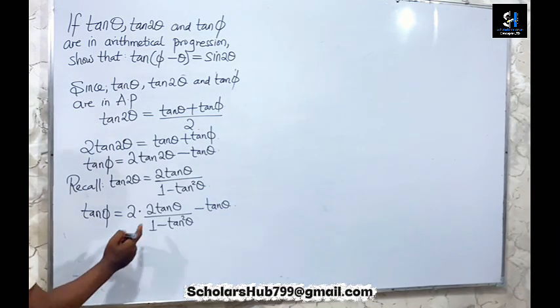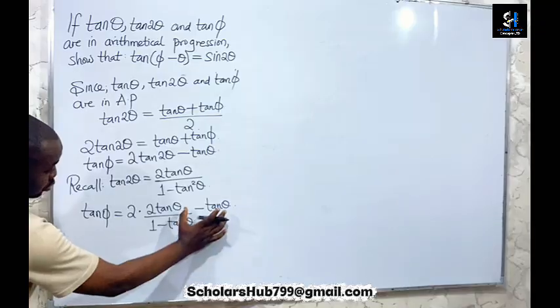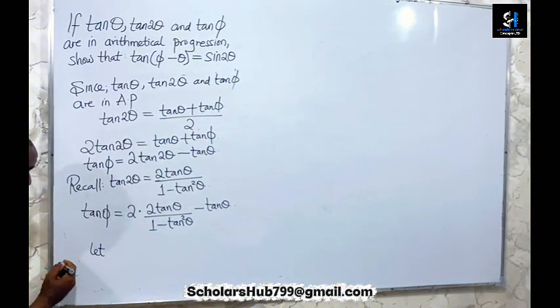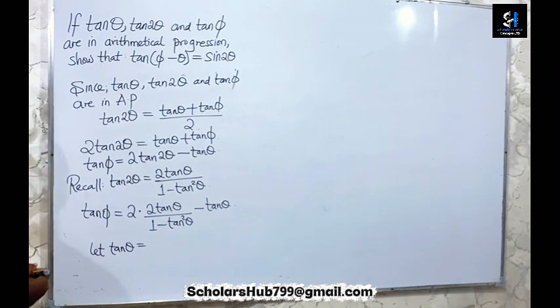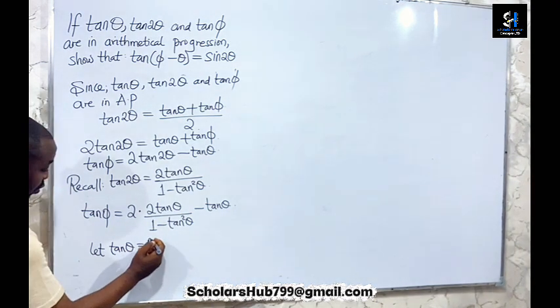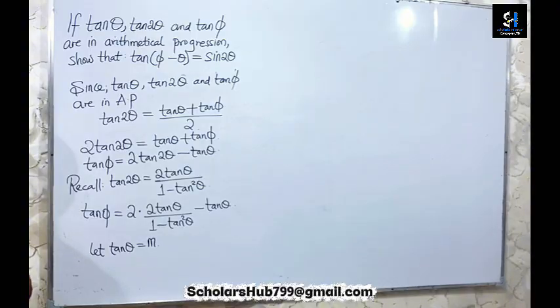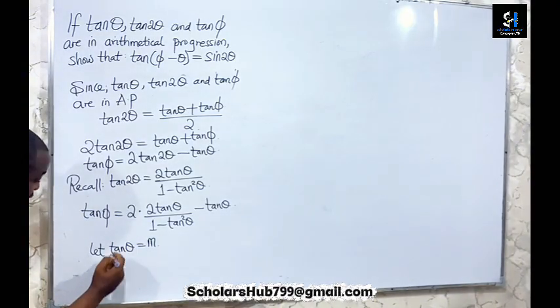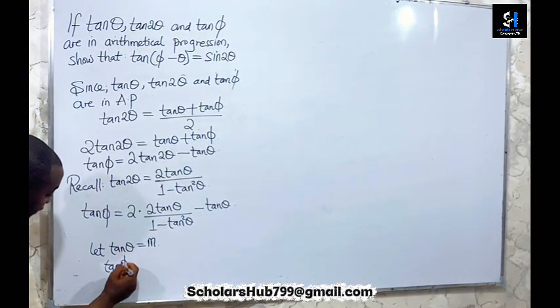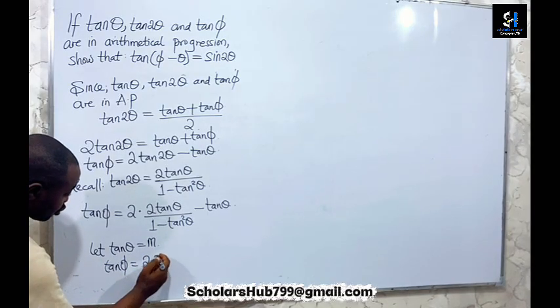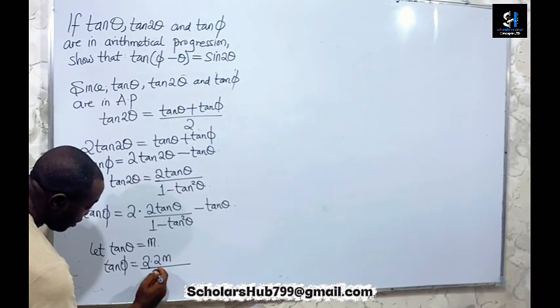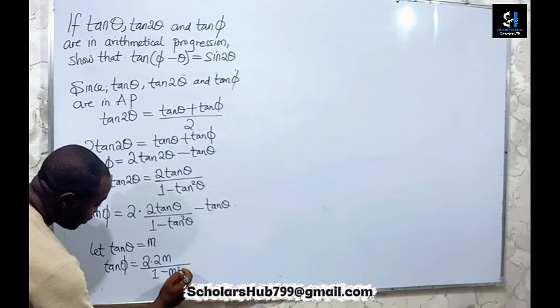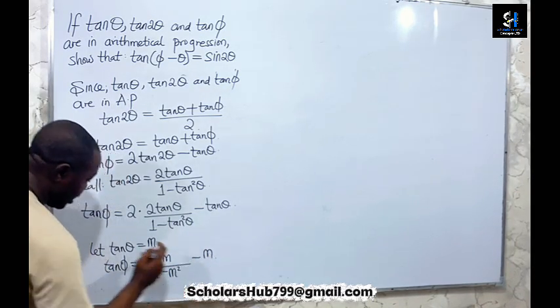Now let me represent tan theta with the letter m. So tan phi equals 2 multiplied by 2m divided by 1 minus m squared, then minus m.